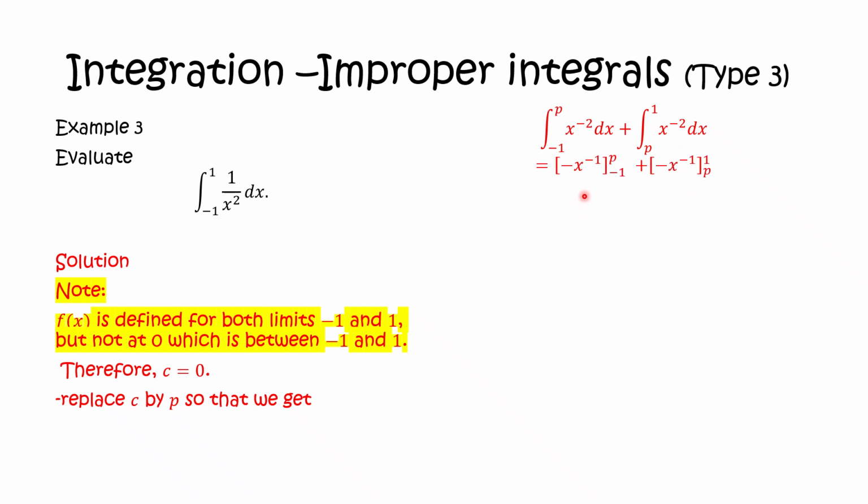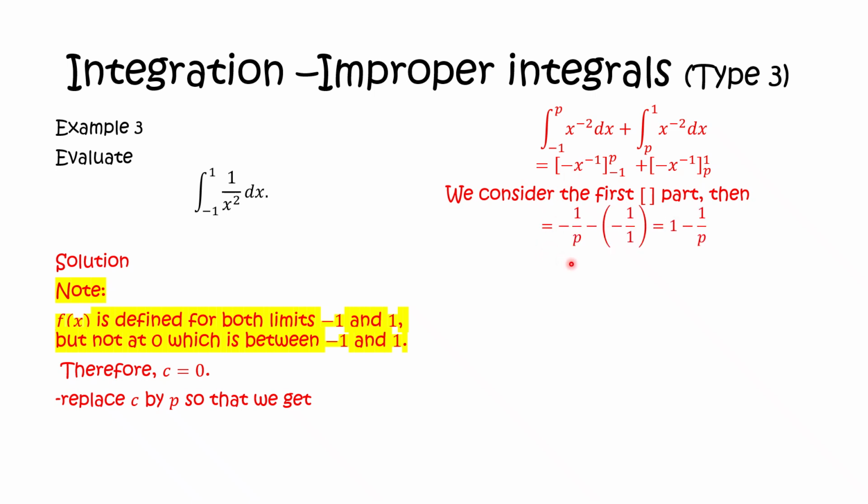In so doing, we get minus x to the power -1 with the limits from -1 to p, plus the same with the limits from p to +1. Now, let's consider the first square parenthesis part, because if it diverges, then there won't be any need for us to cross over to the second part. We can conclude from there that there is no solution.